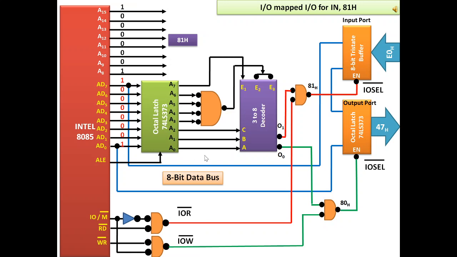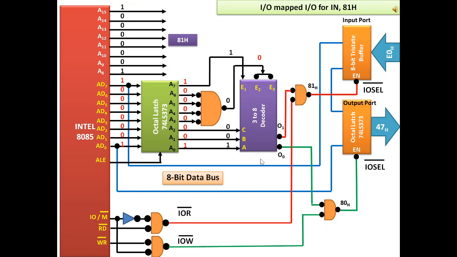Now the latch, because of ALE, the same information will be available outside the latch, and since the lower 3 bits are 001, it will actually enable the output O1, but for that we need to enable the entire decoder. To do that, we have a 1 from A7 and we have a 0 from the bubble NAND gate.